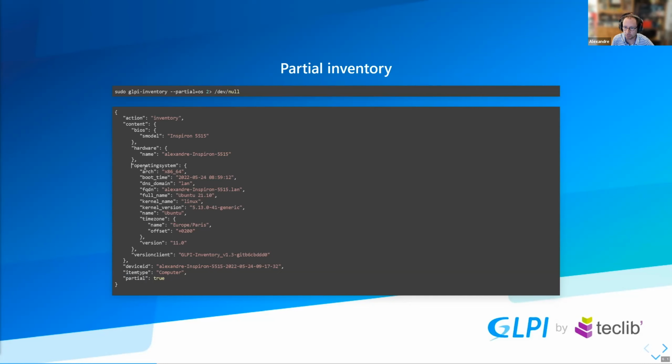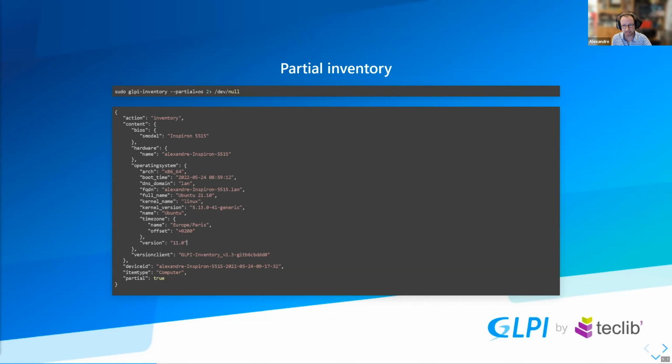In this case, you see we are sending only the operating system of the machine. We can imagine the same for volumes, for software, for anything you have in the inventory file. You only say which part you want, you send only this part to the GLPI inventory server, and it will be done.